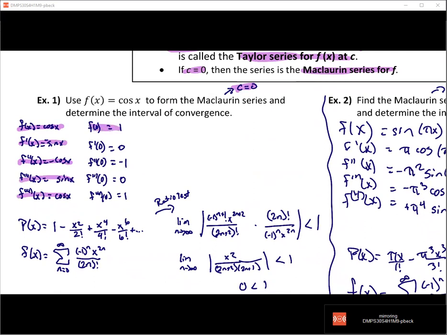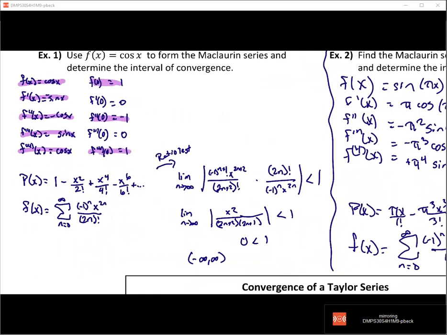So f of 0, f prime of 0, f double prime, f triple prime, fourth derivative. What we're doing there is building our Maclaurin polynomial. So our Maclaurin polynomial is going to be 1 minus x squared over 2 factorial, and that's because we skipped that first degree term. We're going to skip the third degree term. The fourth degree term looks like this. We could follow the pattern at this point, hopefully.